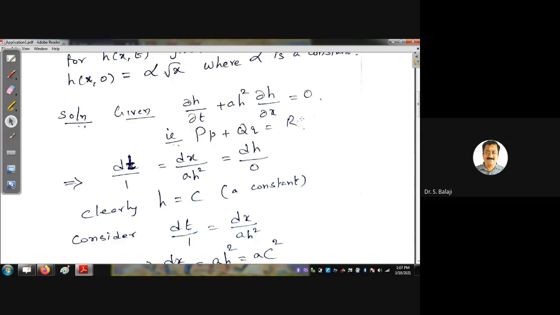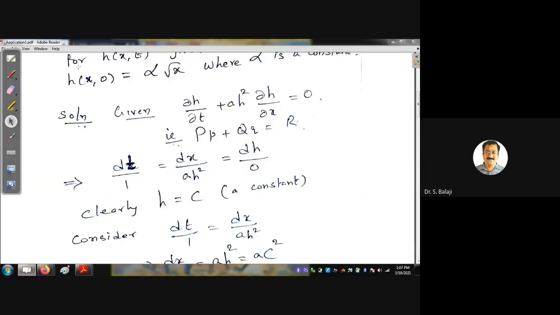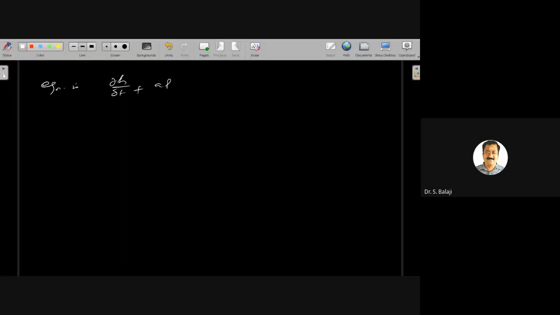The equation is dou h by dou t plus a h square dou h by dou x equal to 0. From this we are going to identify h of x comma t.